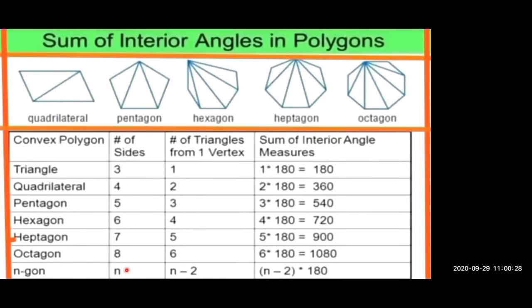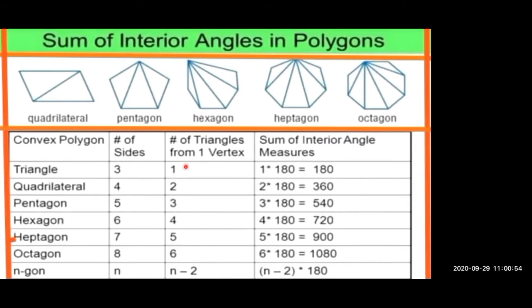So the number of sides is n. And triangles from one vertex is n minus 2. Therefore n minus 2 into 180 degrees. Okay. So students, now this way we have completed our polygon table.